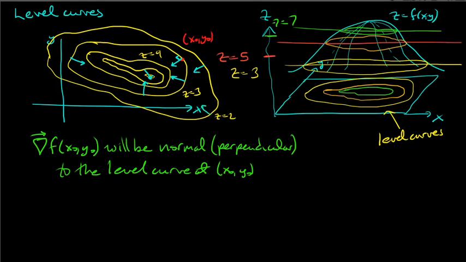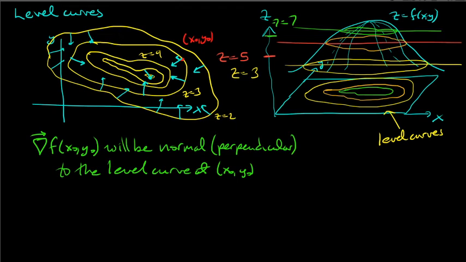So at any given point, all your gradient vectors have to point right normal to the curve. So why is that?